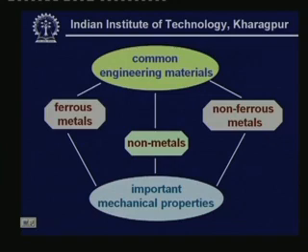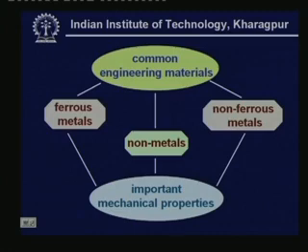Although there are various materials available and the list is never ending, here we will be considering common engineering materials, which means those materials which we see in everyday life, used in the manufacturing of machine components.